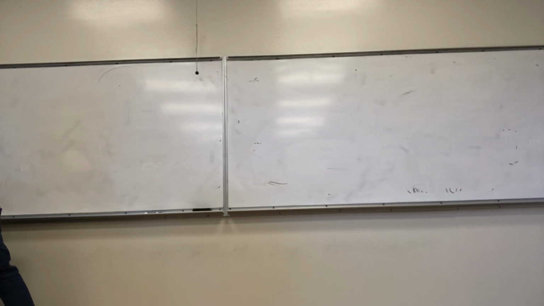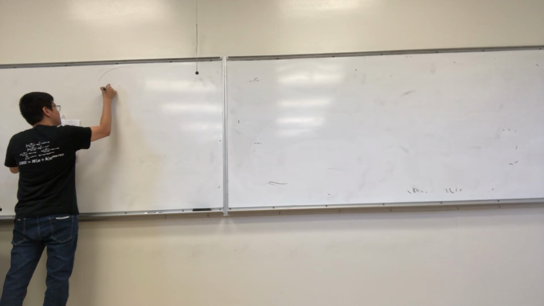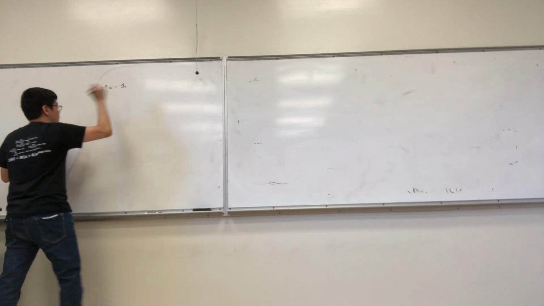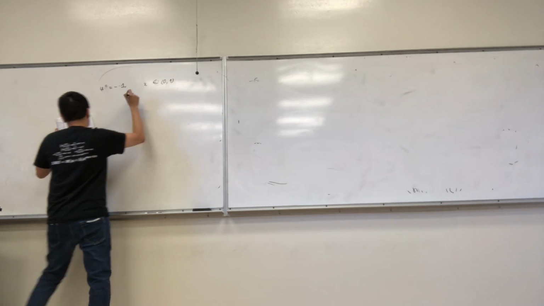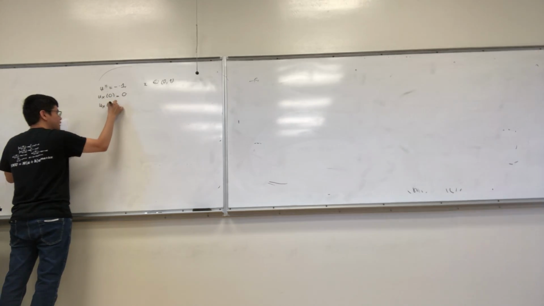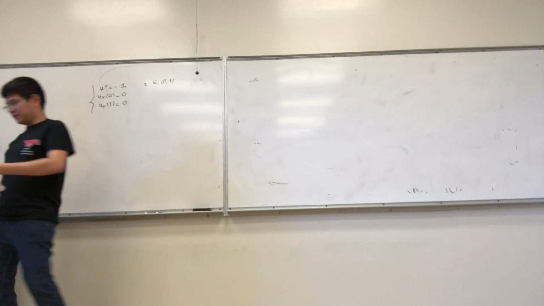Another example is: your x-axis is going from 0 to 1. You have u_x at 0 equal to 0, and u_x at 1 equal to 0. All right?